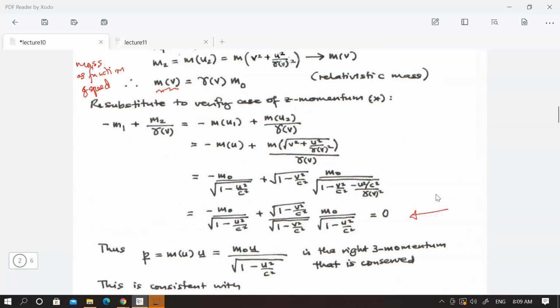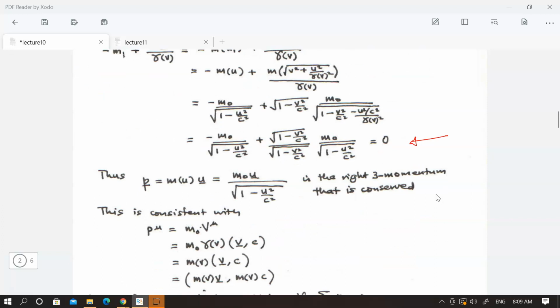And finally, one can write your ordinary momenta, but in this case with what we call the relativistic factor coming in. So it looks almost the same as your definition of momenta in Newtonian mechanics, the only difference being that this is a velocity dependent mass.